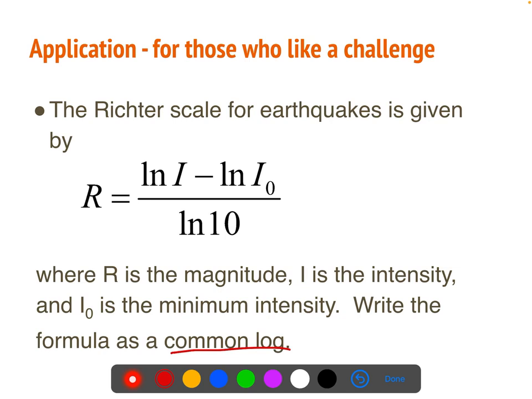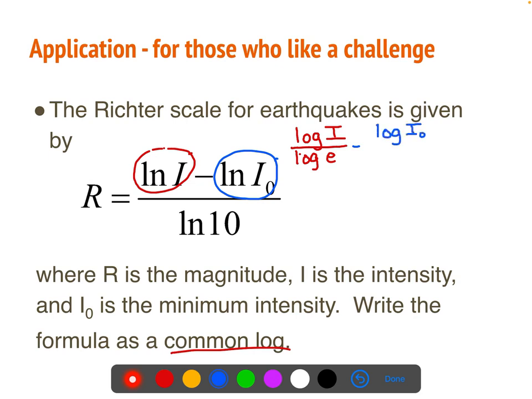So I'm going to start with the change of base formula, because these are all ln's. These are not the common log. Well, my change of base formula for this guy here is log of I, that's the argument, over log of E, because ln is base E. Now I'm going to do my next guy.